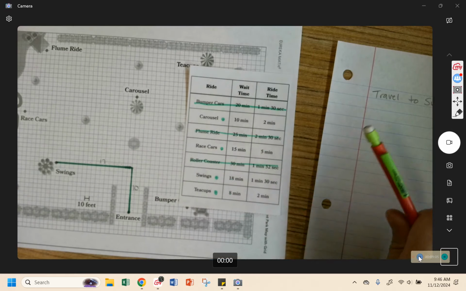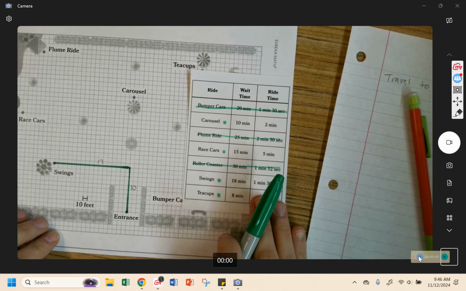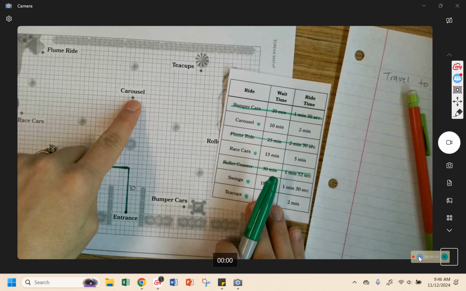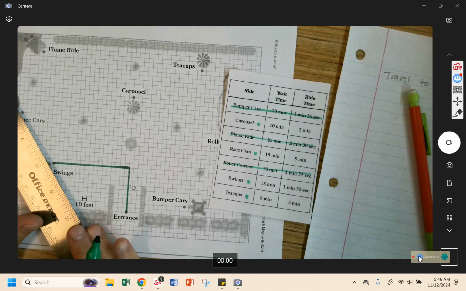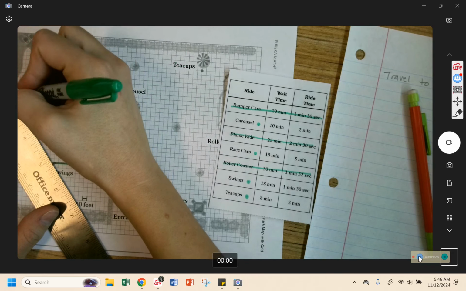Okay, so that takes care of my swings. Now, is it faster to get to the teacups, the race cars, the carousel? It looks like it's going to be faster to get to the race cars. Now, I'm going to take a direct route this time, since there are no trees or bushes or anything in the way.